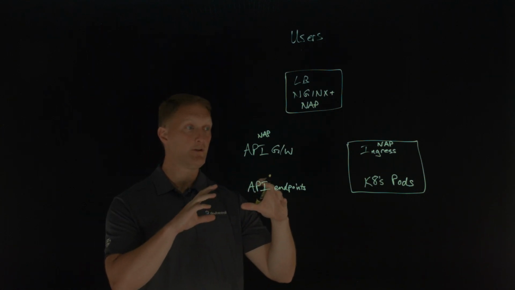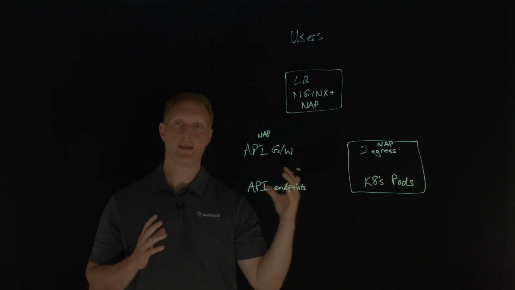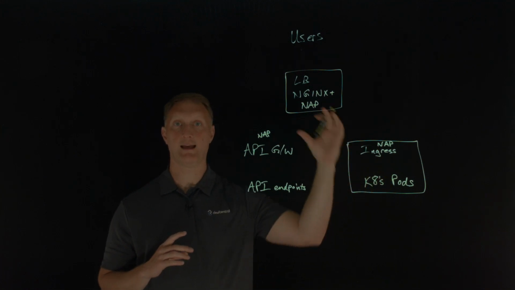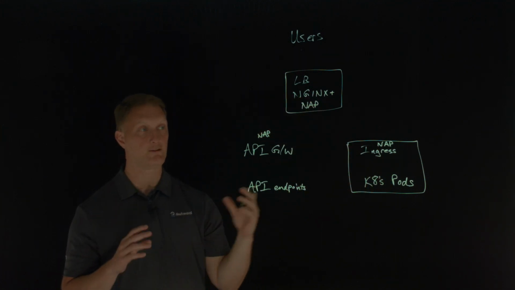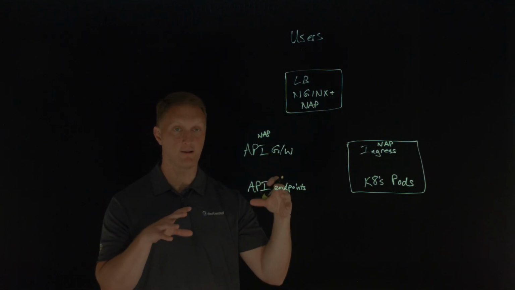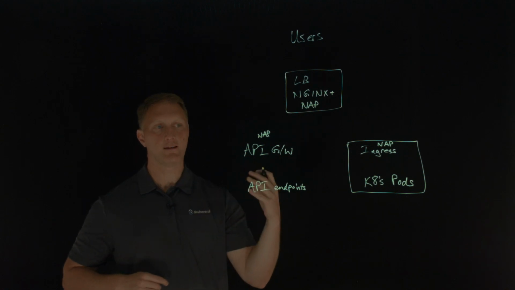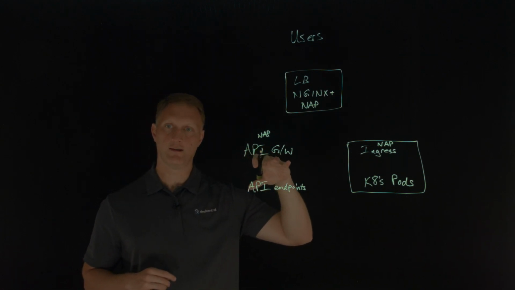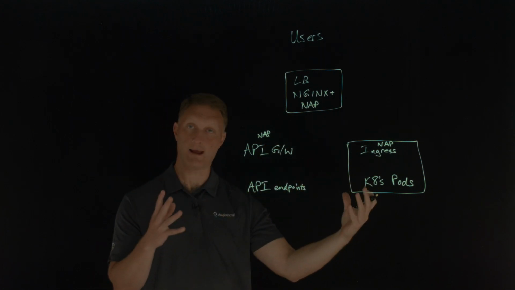Also, in the world of modern architectures where things are changing rapidly, how do you distinguish between an application change and a DoS attack? These are all really good questions, and these are things that the NGINX App Protect DoS solution provides an answer for. What it does is it learns the typical behavior of your application.